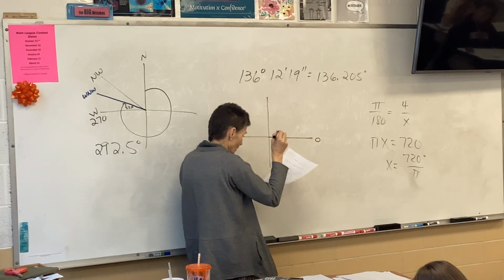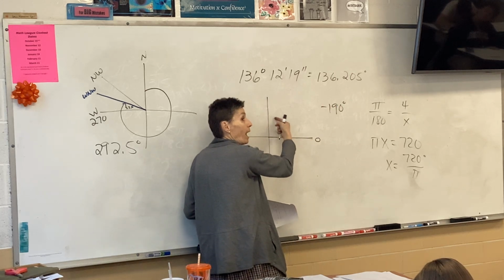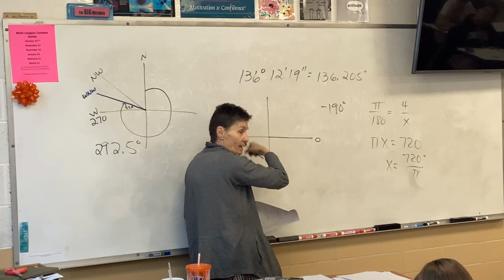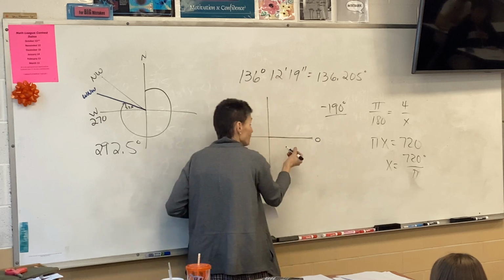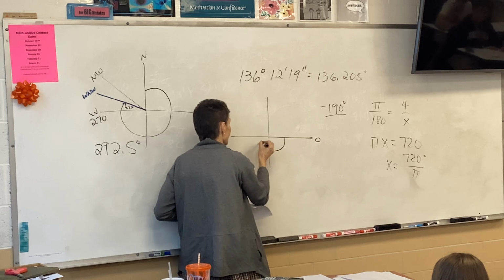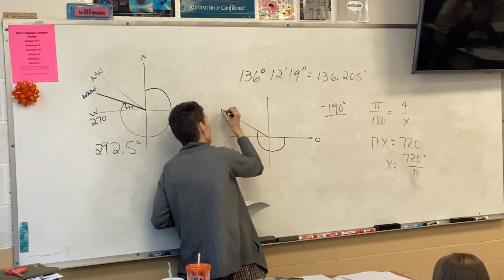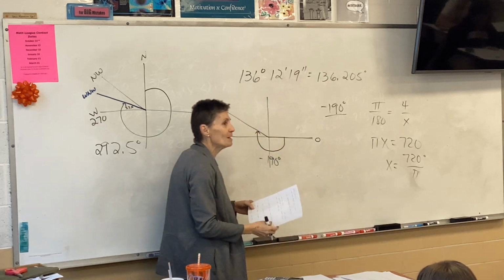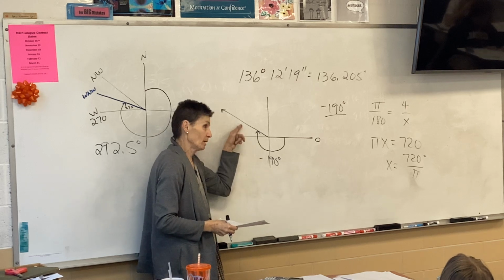Since the angle is negative, instead of going up and around, I'm going to go down and around. So here I go. Tell me when to stop. I'm going negative 190. Stop. You're exactly right. Why did we go that far? Because this would be 180, and I have to go a little bit past it.